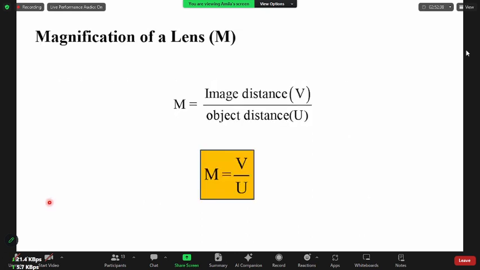And when you are dealing with lenses, magnification is a property that lenses have. You can calculate it using this equation, image distance divided by object distance, V over U. This gives how much larger or smaller the resultant image is.